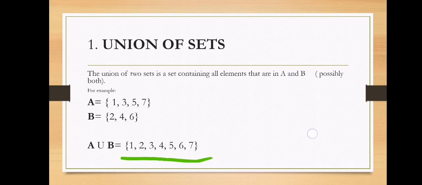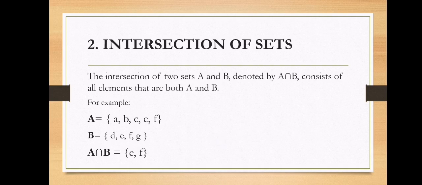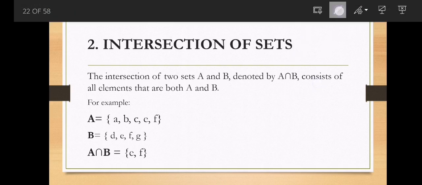If meron dito tayong magkapareho, so hindi na natin dodoblehin sa pagsusulat dito. So next is intersection of sets. The intersection of two sets A and B, denoted by this symbol, A intersection B, consists of all elements that are both in A and B. So mapapansin natin dito, in A we have A, B, C, E, and F, and set B is D, E, F, G. So titingnan lang natin or hahanapin natin ang magkapareha.